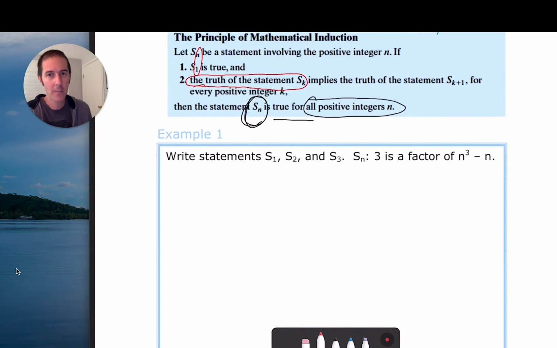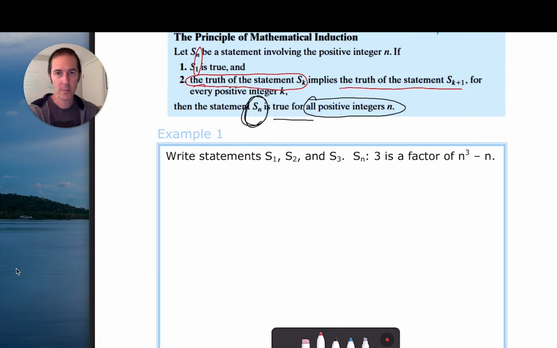Now I'm saying that we're going to assume the truth of the statement when n equals k. We don't know what k is, but it's a number, it's an integer. We're going to use that assumption to prove the truth of the statement when n equals k plus 1.